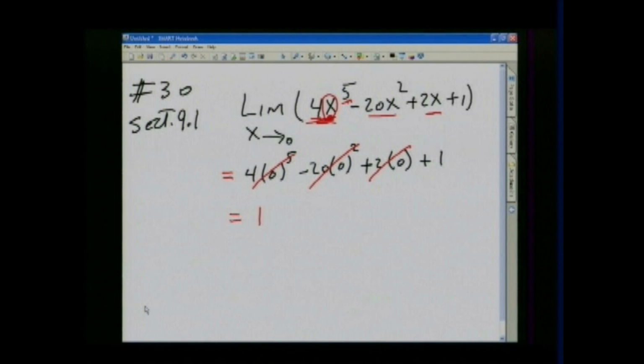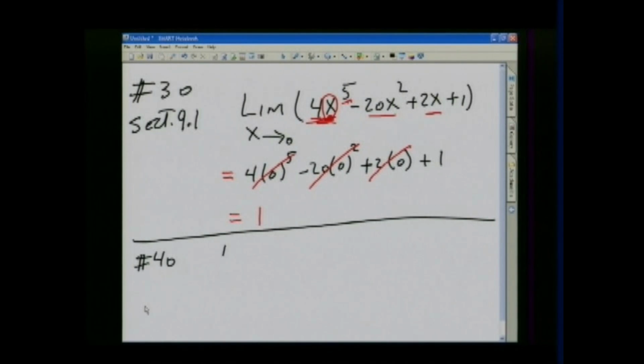Problem number 40, again it says, find the indicated limit. Problem looks a little bit different than this one. It's actually in the form of a quotient. Problem number 40.